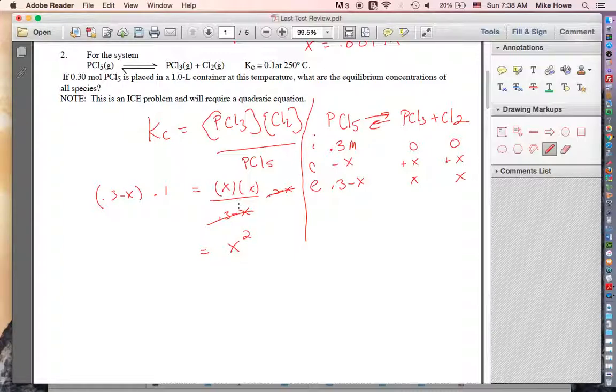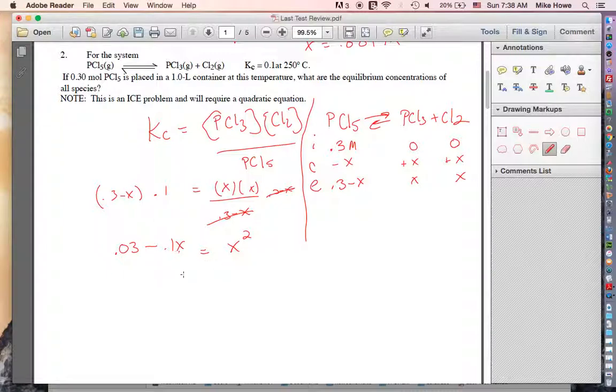And then doing the math on the rest of the problem, 0.3 times 0.1 is equal to 0.03. So 0.3 times 0.1 equals 0.03. That's going to be minus 0.1x. So I'm multiplying this by 0.3 and this by x.